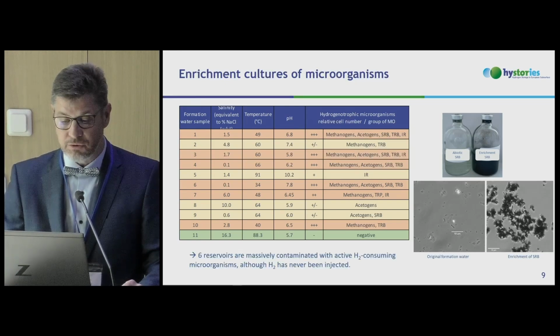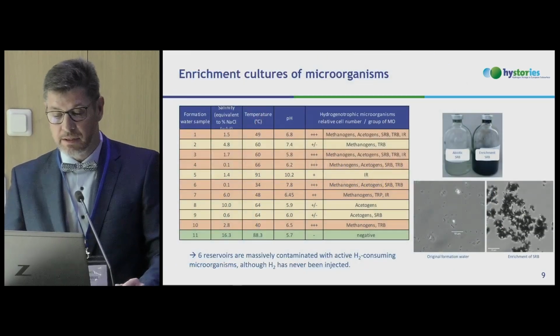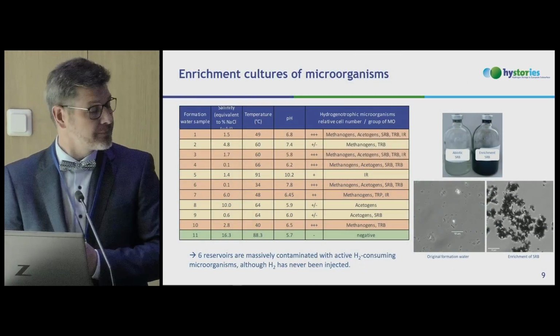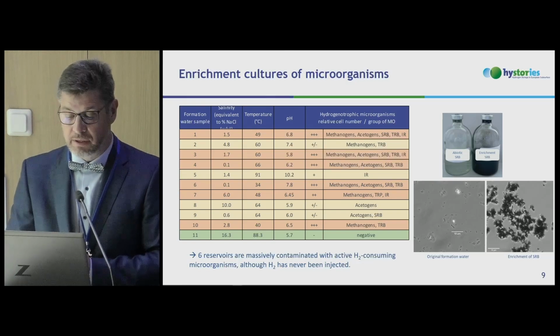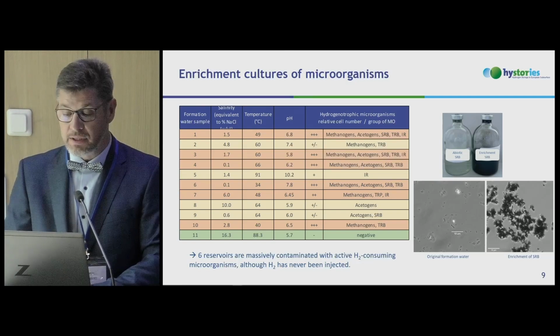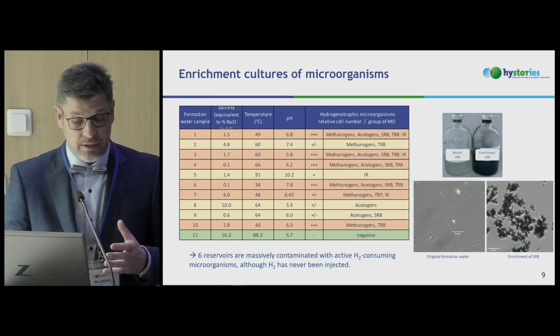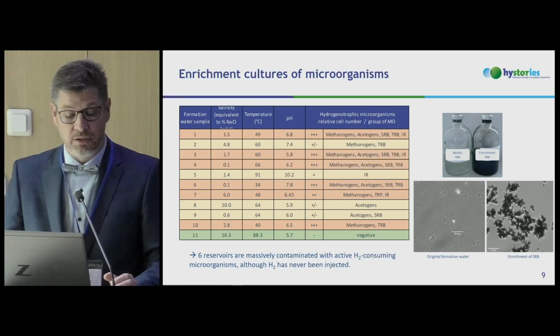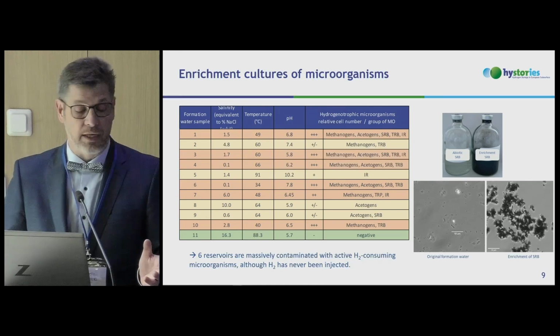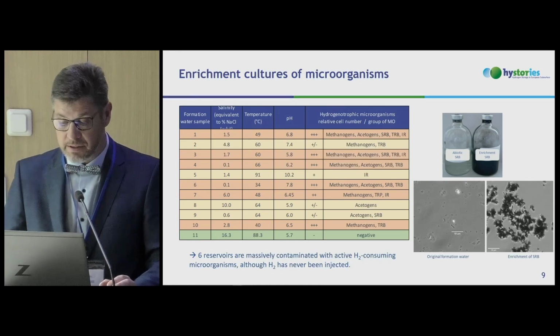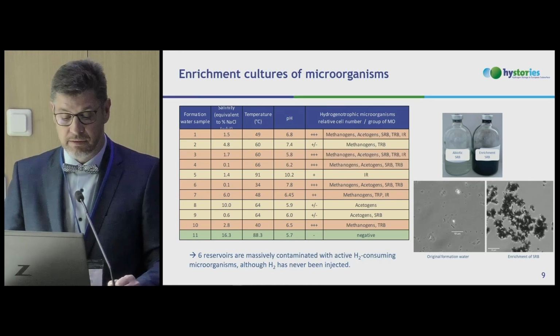The living microorganisms are present in many formation water samples. An injection of hydrogen will activate these organisms if the living conditions in the storage allow it. And as a consequence, products like H2S, acetate or methane can be generated.